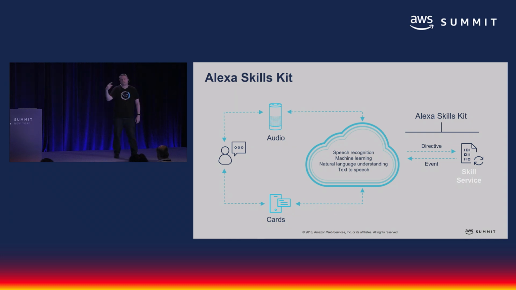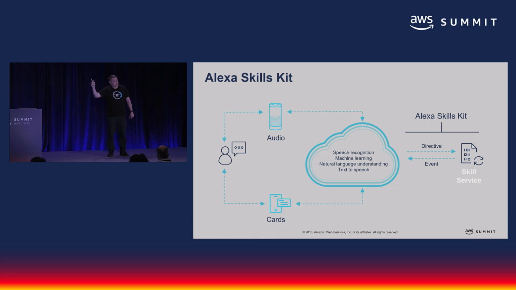If I said, Alexa, ask Mike's skill to set a timer, what happens is Mike's skill, this Lambda code out in the cloud, will receive a directive from the Alexa cloud. That directive says, hey, they said this from this device. It has a lot of packaged information in a JSON file.